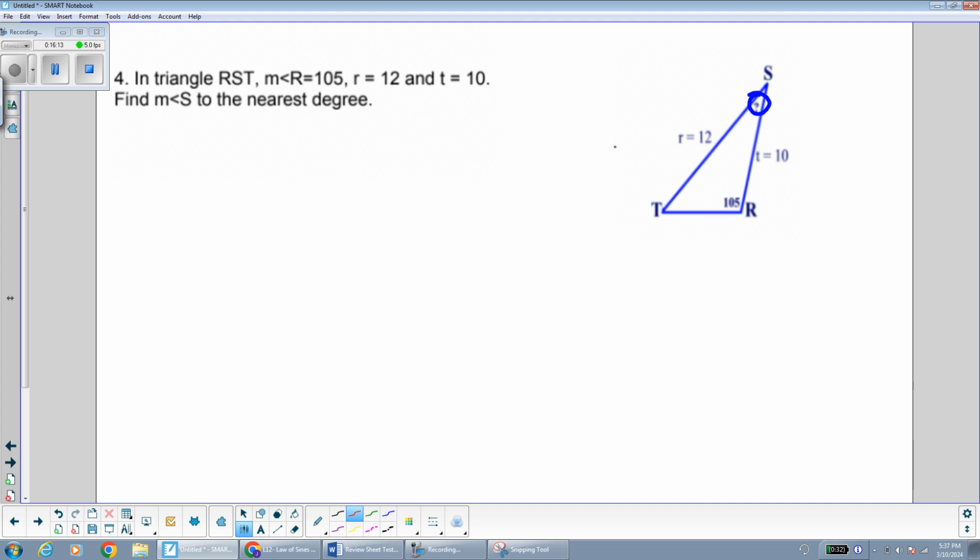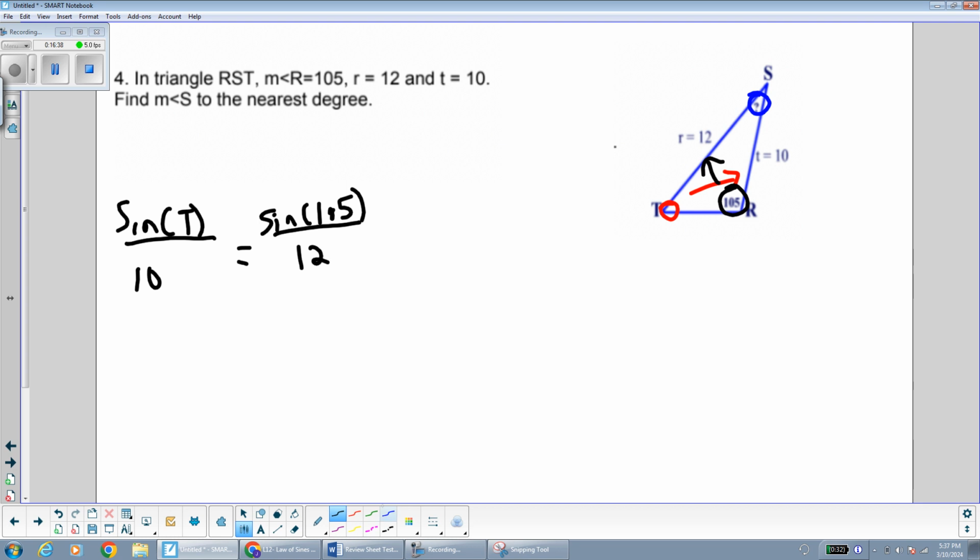What I can find is angle T first, because I do have the side across from angle T, and I also have this angle and the side opposite from it. So I'm going to use sine of angle T over the side opposite from it, which is 10, equals sine of 105 over the side opposite from it, which is 12.